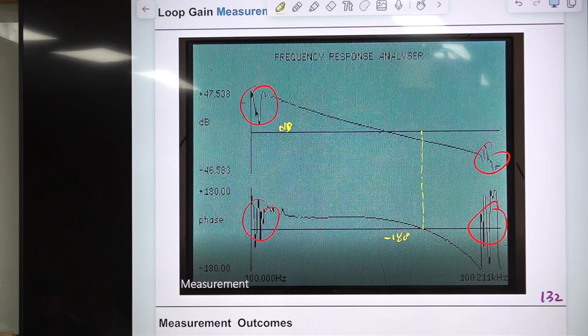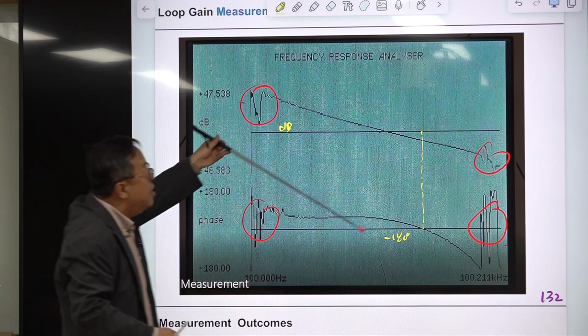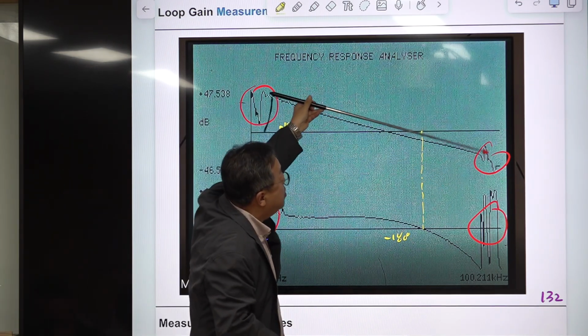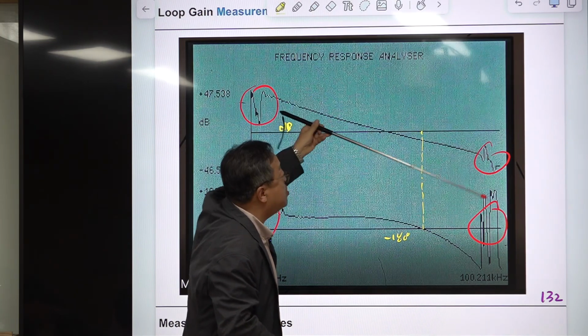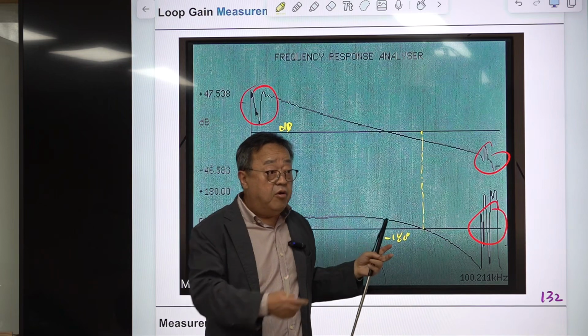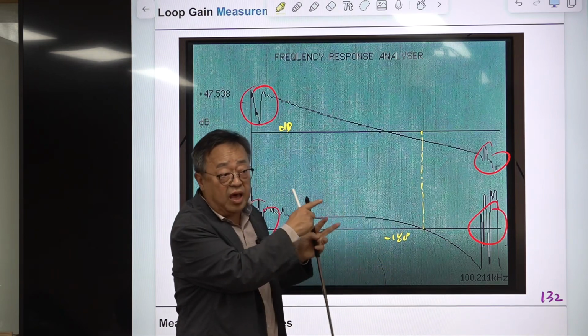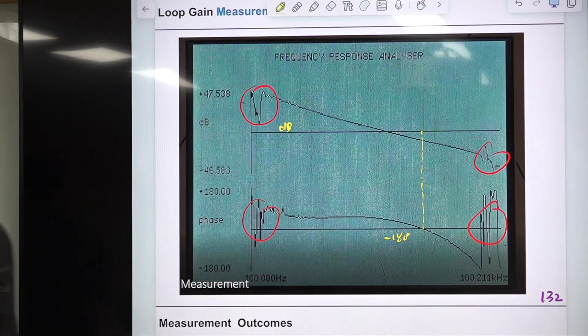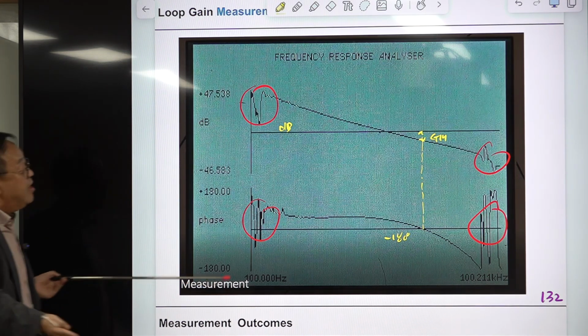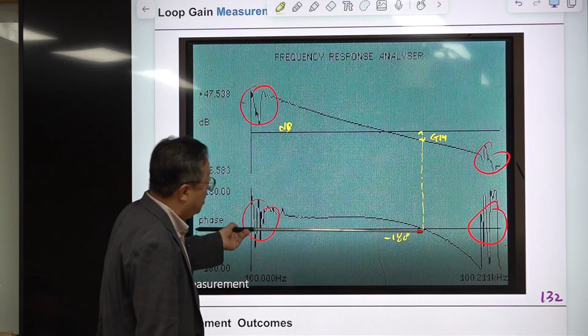If we increase the magnitude only up to this point, here, it becomes marginally stable. So this is called gain margin. We'll discuss the gain margin and phase margin formally at a later time. But this is gain margin. Gain can be increased this much while remaining in the stable state.